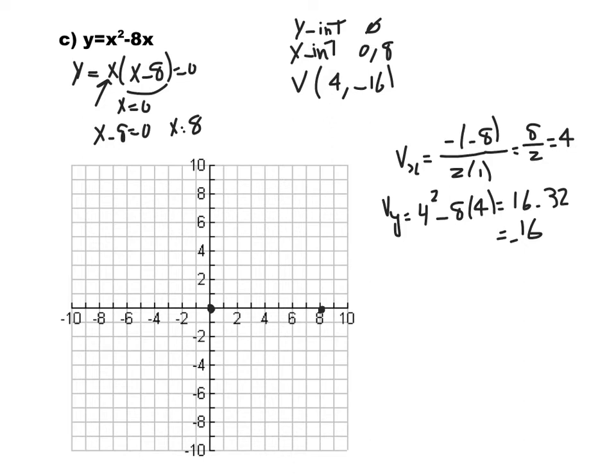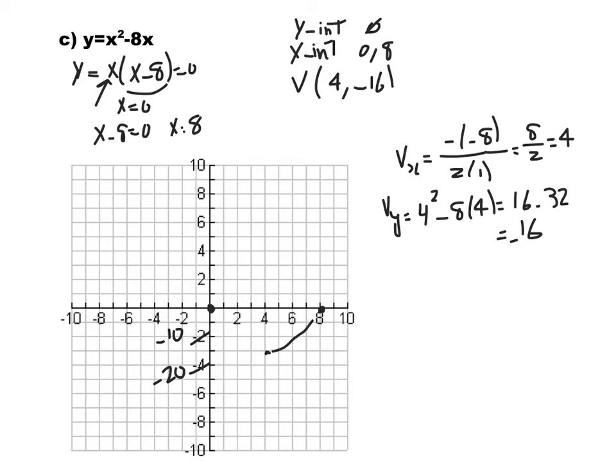Now, our graph is not big enough to do that one, so I'm going to change this one to negative 10, this one to negative 20. So negative 16 is a little bit, so it's going to be somewhere around here. This is going to be the vertex.